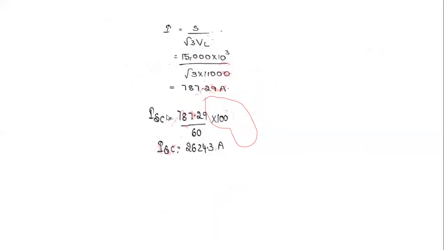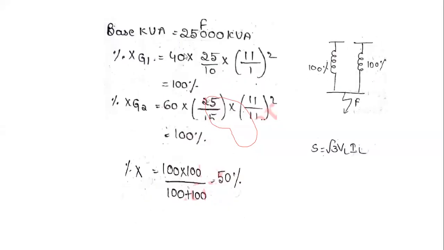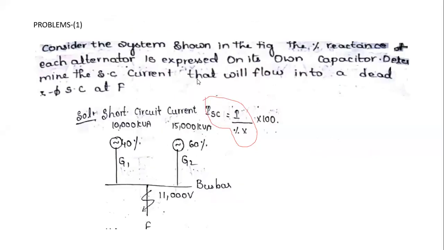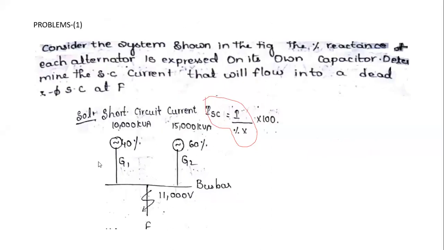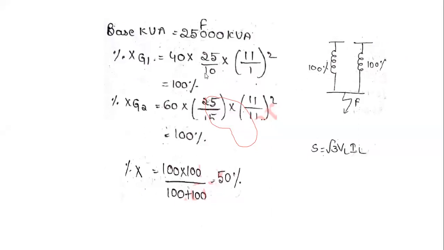What is the formula for percentage reactance value? That is X percent into kVA base by kVA new into kV base by kV new whole square. What is the percentage reactance for G1? 40%. Therefore 40 into kVA base, which is 25, by the kVA of generator G1, which is 10, into kV base by kV new.